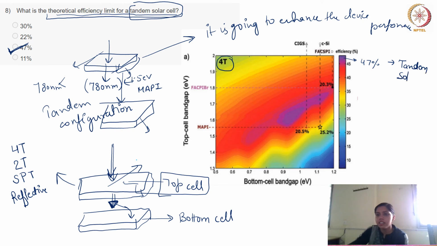And what will be the theoretical efficiency limit, or we can say the Shockley-Queisser limit, the SQ limit, for the single junction perovskite solar cell?